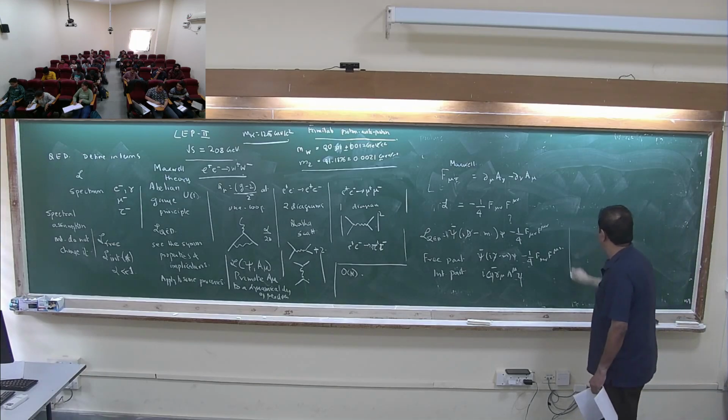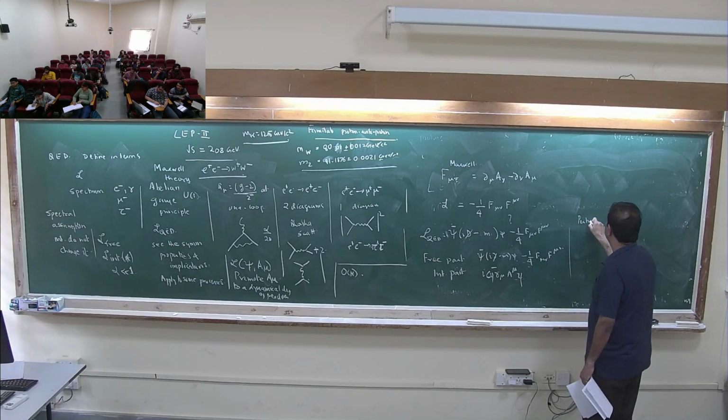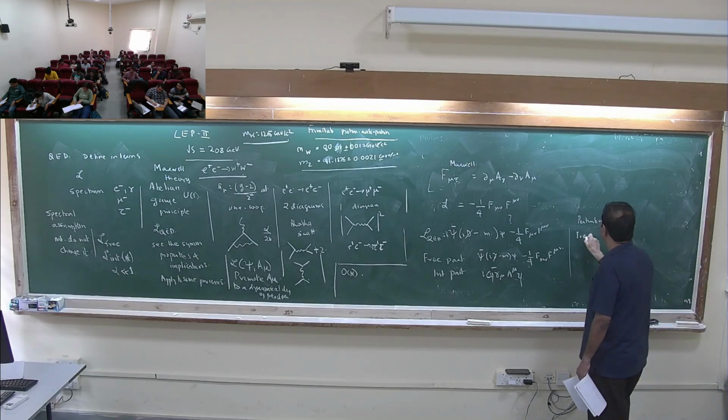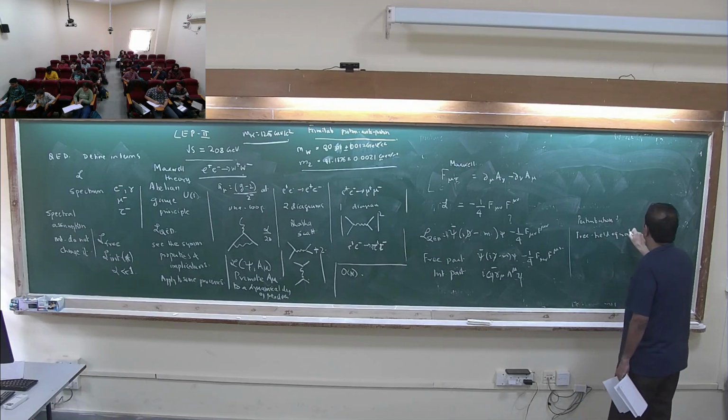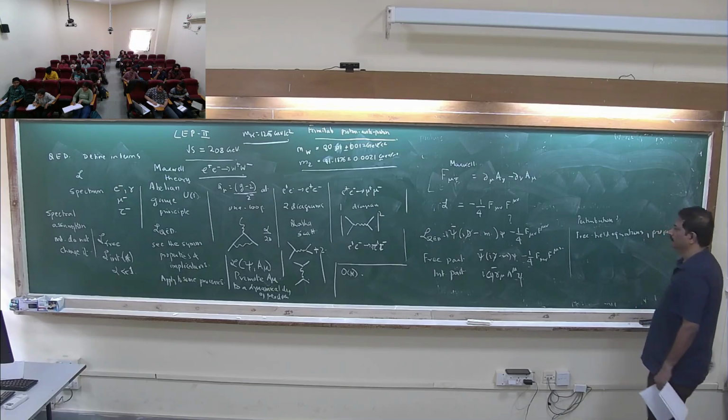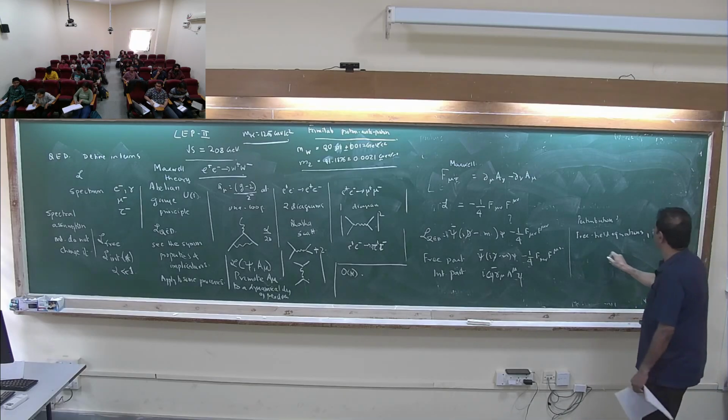And in order to do perturbation theory, what do you need? You need the free field equations, from which you get the propagators. And here you can easily figure out what they are.